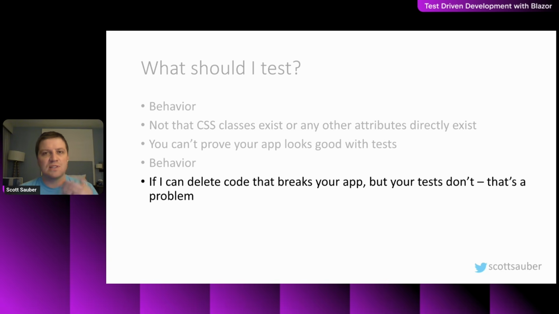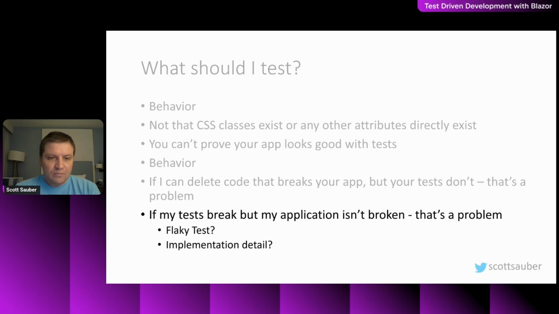But if for some reason there's a test that's really hard and expensive to maintain, and the cost of breaking is less than the cost of maintaining it, then I might not write a test for it. Generally speaking, though, that's usually a refactor opportunity where I could test whatever behavior I'm doing. There are reasons to break the rule, but in general I follow this rule: if I can delete production code that breaks your app and no test breaks, that's a problem. It means we're missing a test somewhere.